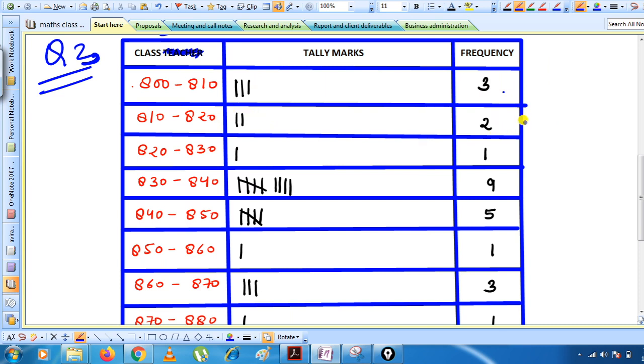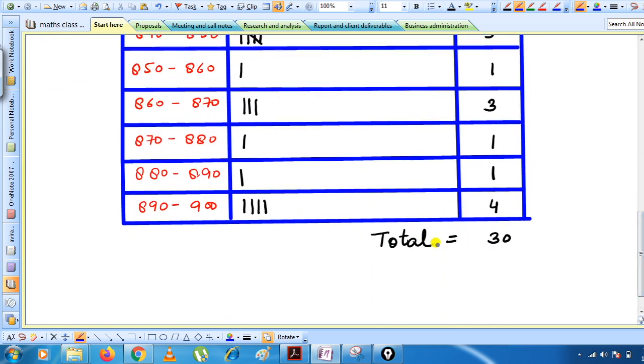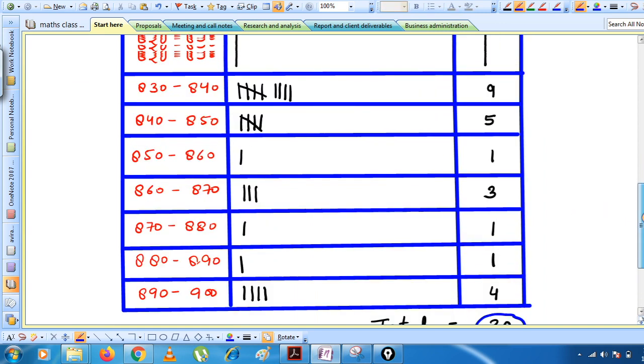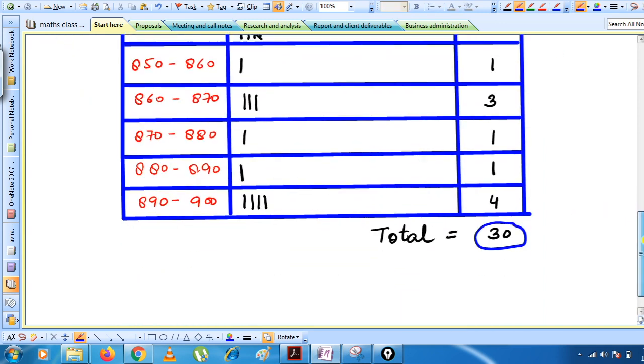In the same way here we can see 2, so 2 tally marks are coming here, 1 here, 5, and after that 4, 5, 4, 9, so 9 here. Like that we can write the frequency in the last column of this table. And if you find out the total frequency in the last column, it will come equal to 30, which was the number of workers.